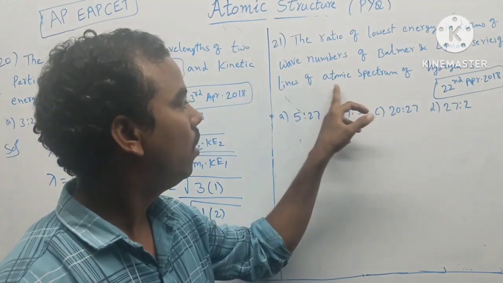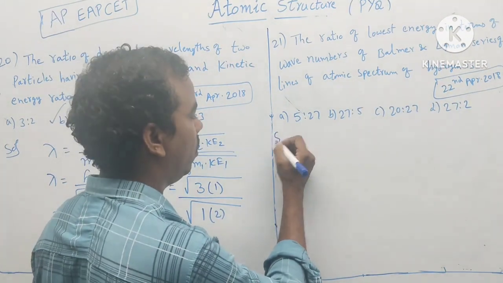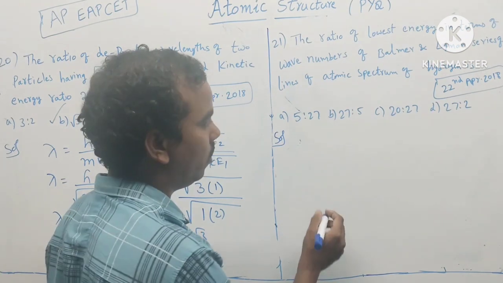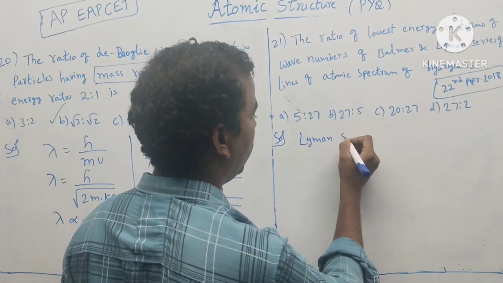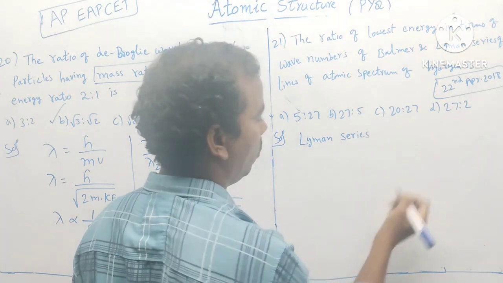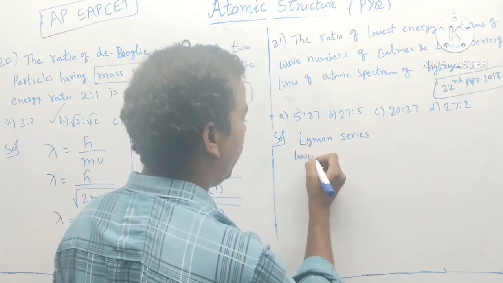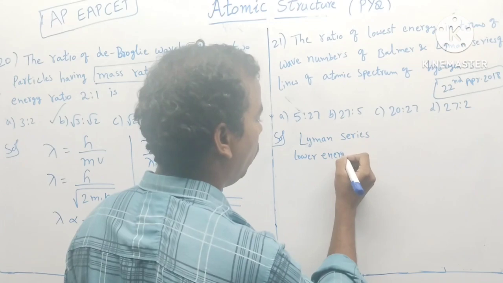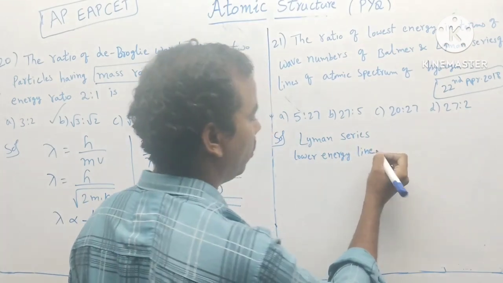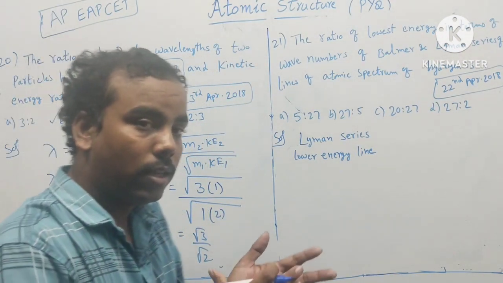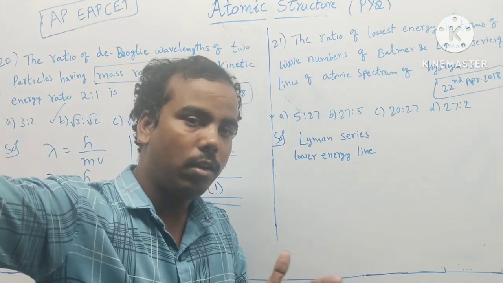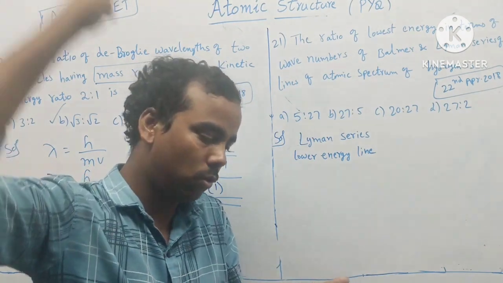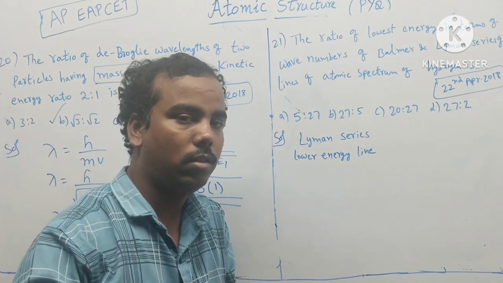Next, the ratio of lowest energy in terms of wave numbers of Balmer and Lyman series lines of atomic spectrum of hydrogen. Lowest energy. So for Lyman series, the highest energy line means the electron de-excites from any higher excited state to the ground state, first energy state.